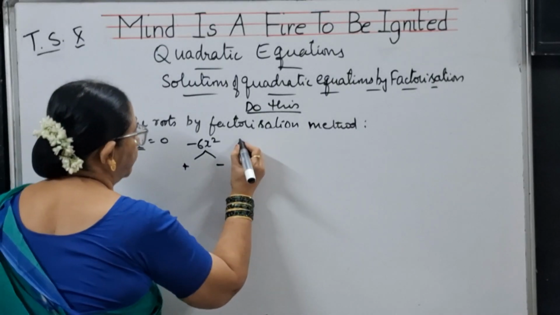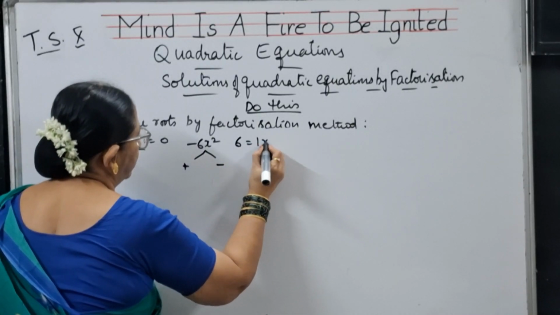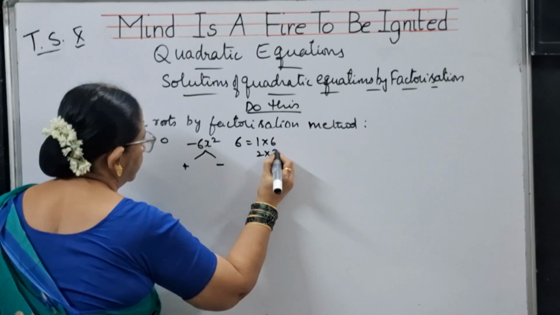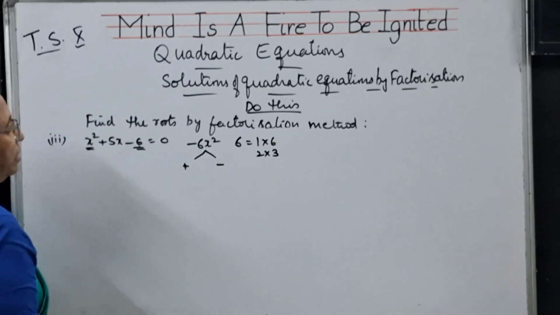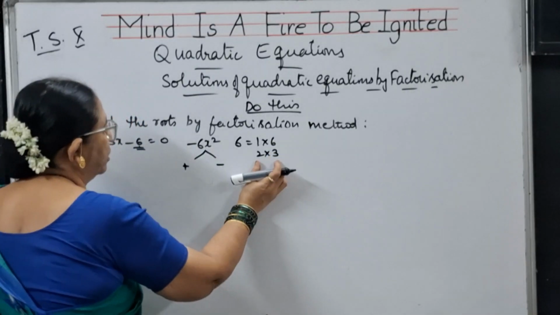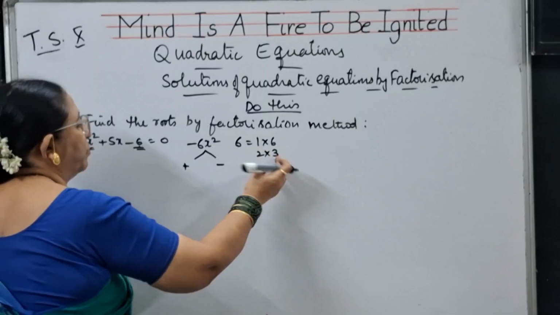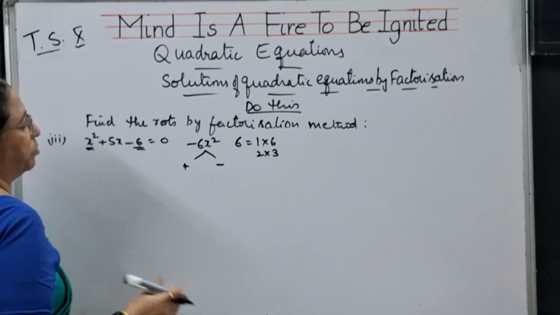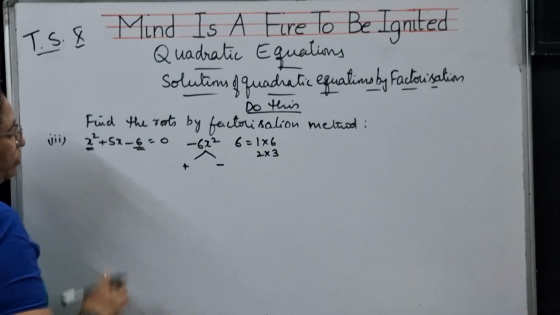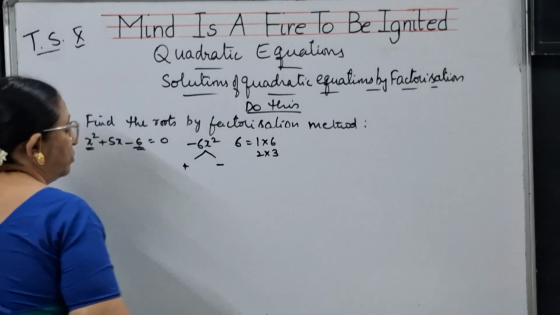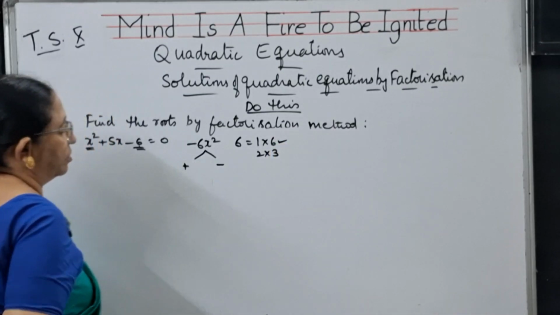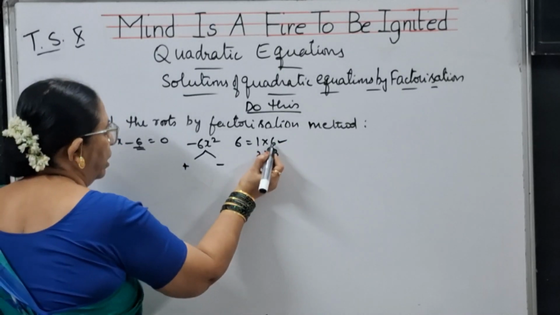So we know that the factors of 6, I told you, 1 into 6 and 2 into 3. So in this case, you cannot take 2 into 3 because one plus, one minus means either you get plus 1 or minus 1. We need plus 5. So you have to go for these factors, 1 and 6.